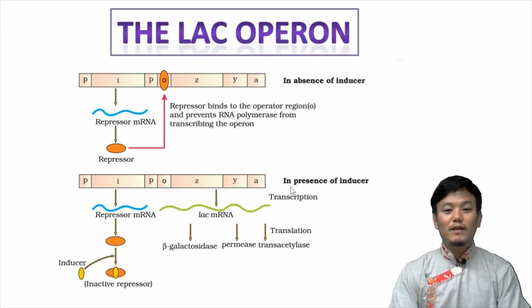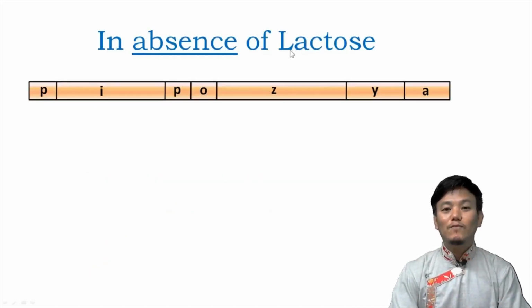The second scenario is in the presence of inducer. So the lac operon in the absence of inducer is the first scenario, and the same lac operon in the presence of inducer is the second scenario. I will explain both scenarios one by one. In the first scenario, in the absence of inducer, the inducer here is lactose.